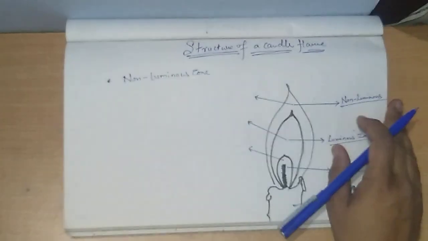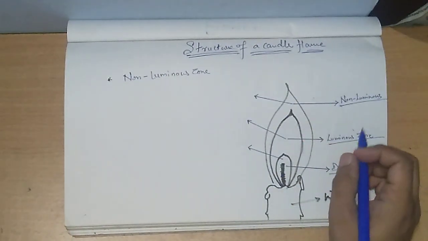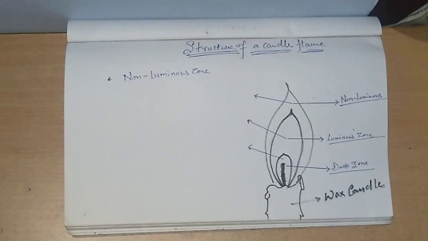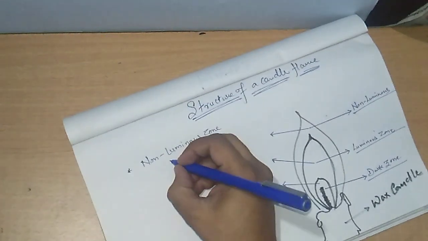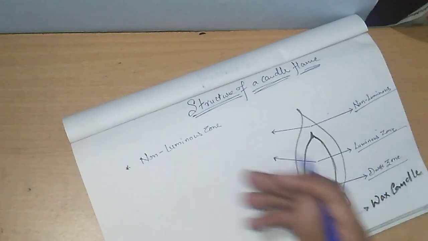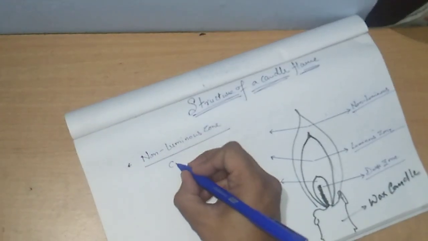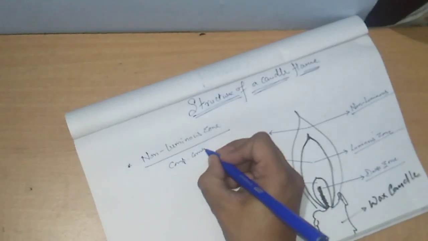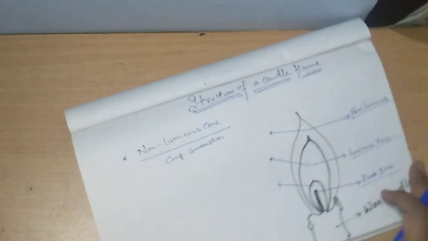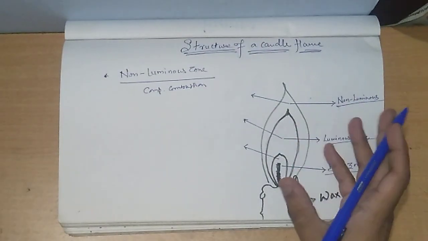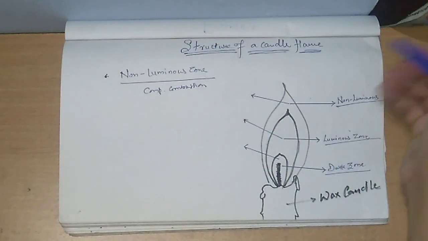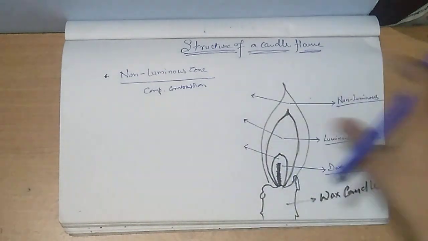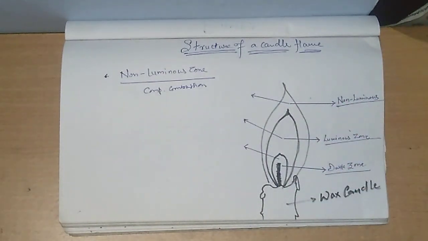First one is the non-luminous zone. This outermost zone is the zone where complete combustion is happening. Complete combustion takes place in the presence of a sufficient supply of air, because it is the outermost zone, so it comes into contact with air.